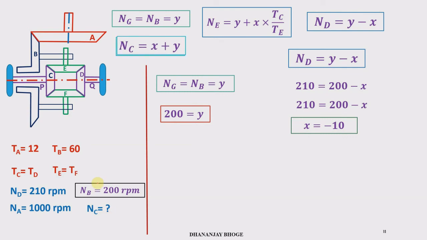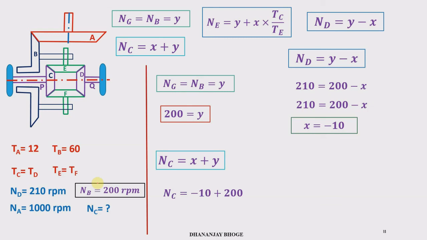What is Nc? X plus Y. It is 190 RPM. So the speed of C is 190 RPM and the speed of D is 210. That means your vehicle is taking a left turn, because the speed of the inner wheel is always less than the speed of the outer wheel.